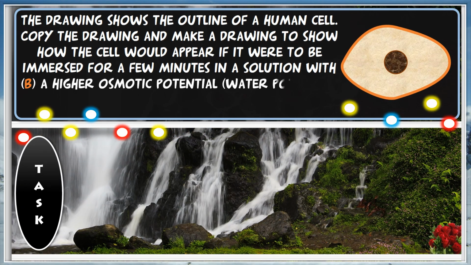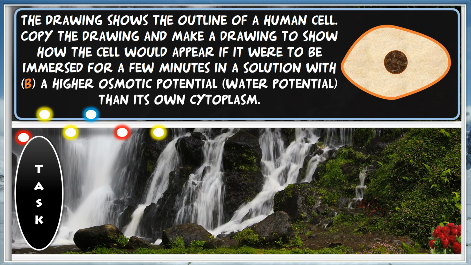A drawing shows the outline of a cell. Copy the drawing and make a drawing to show how the cell would appear if it were to be immersed for a few minutes in a solution with B. A higher osmotic potential, water potential, than its own cytoplasm.